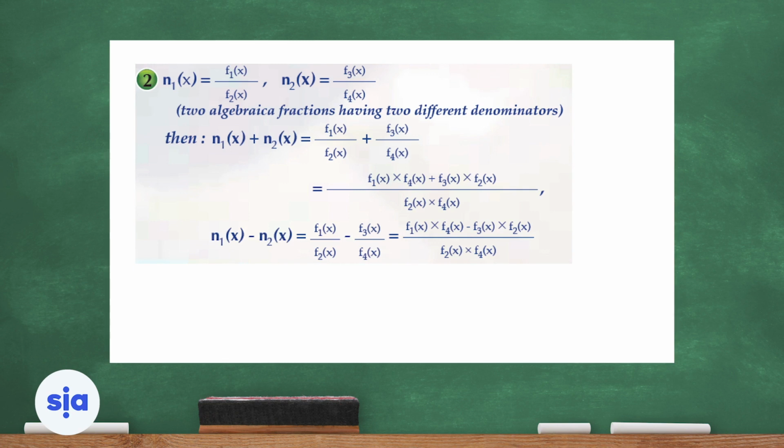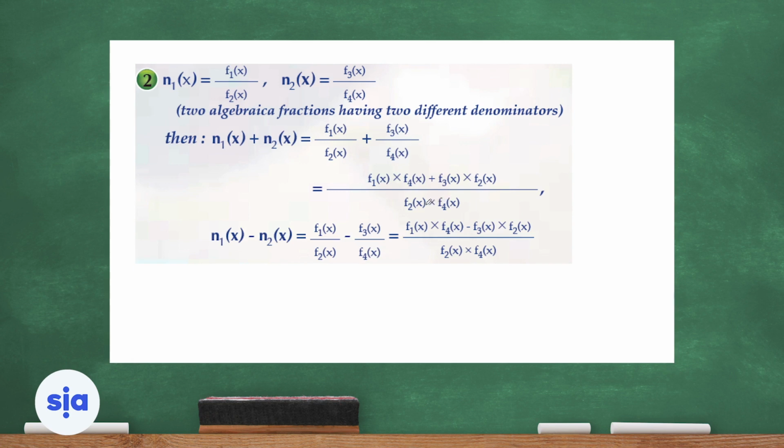So here, the first fraction has a denominator of f2 of x, multiply up and down here by f2 of x, and this one, f4 of x, will multiply up and down here.